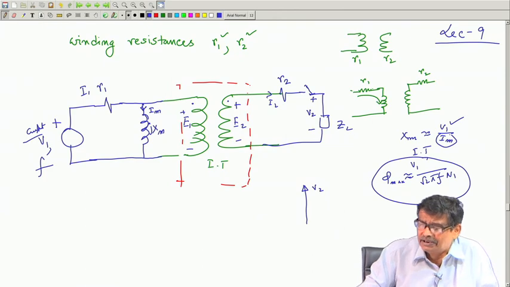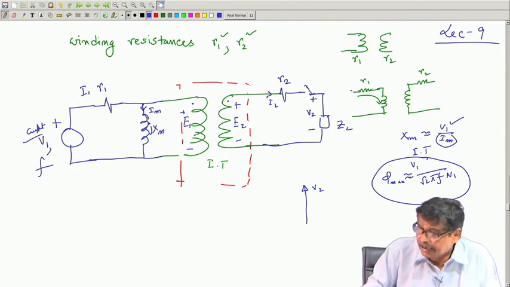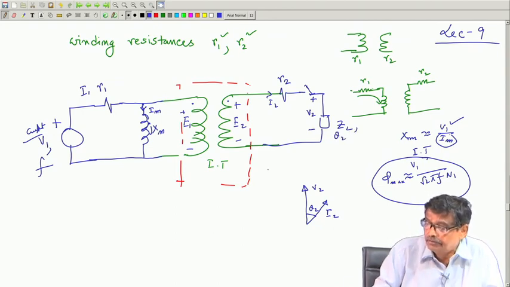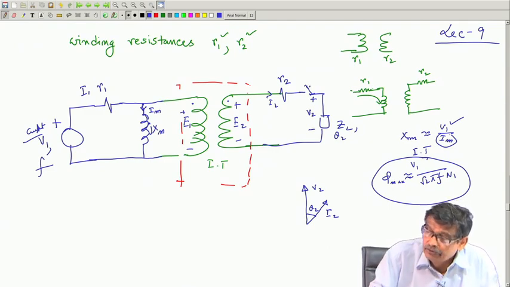I draw V 2 arbitrarily, vertically. If I know V 2, then I can fix where I 2 will be, because the load power factor angle is known. Suppose the power factor angle of the load is theta 2; I draw V 2 and I 2 with S closed.